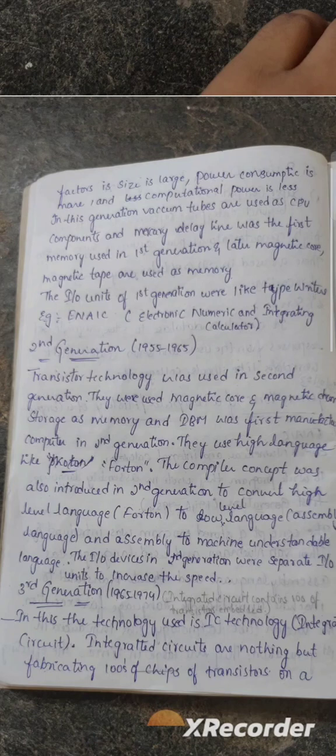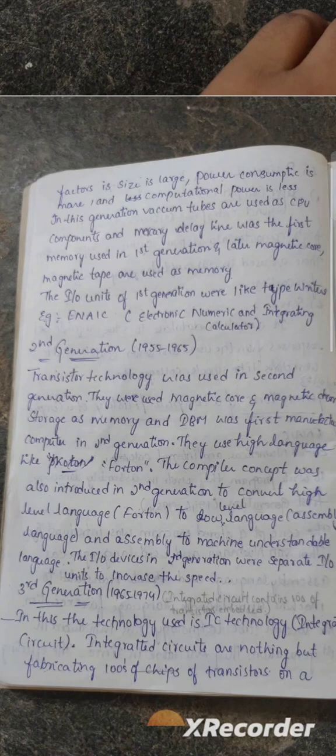The compiler concept was also introduced in the second generation to convert high-level language to low-level language, and assembly to machine understandable language. The I/O devices in the second generation were separate I/O units to increase the speed.